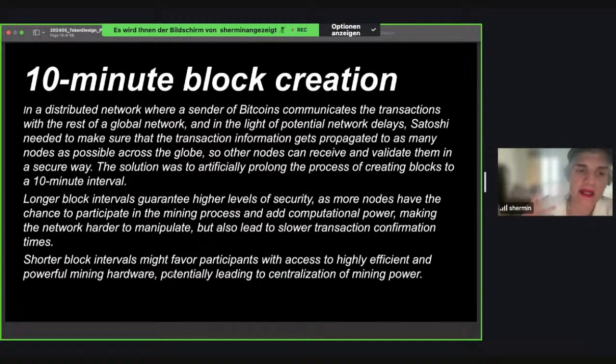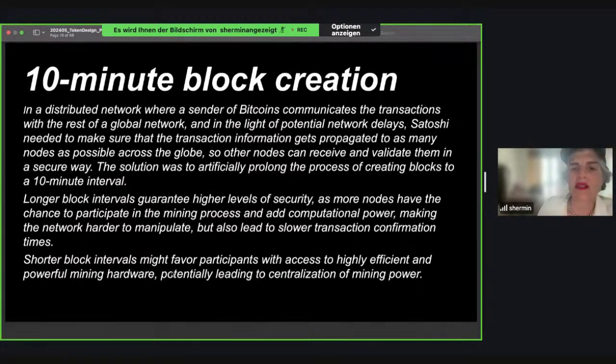Satoshi needed to make sure that the transaction information gets propagated to as many nodes as possible across the globe, so that it's actually decentralized, and so that other nodes can receive and validate them in a secure way, even smaller or not so fast computers or computers with more latency to the sending node.